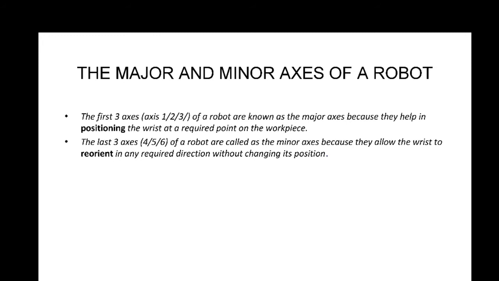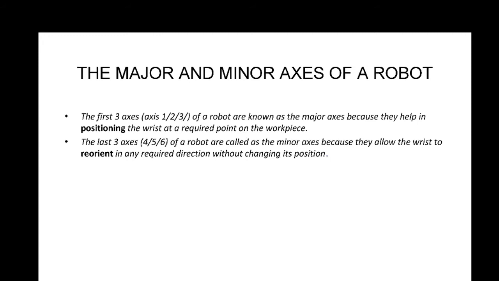Why do we call them major axes? Because for axes 1, 2 and 3 there is always a major load and very high booms. These are going to move the overall robot strength, and the overall load acts on these 3 axes. These 3 axes play the major role. That's why we call them major axes.